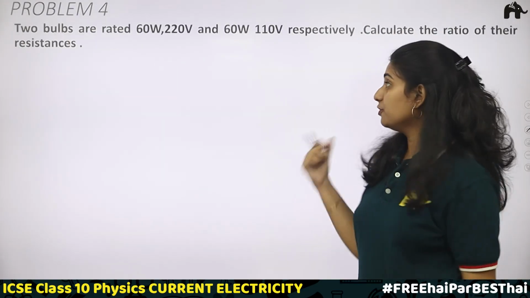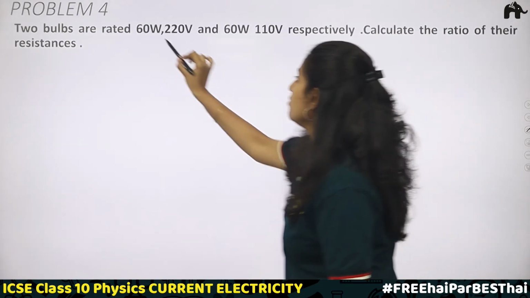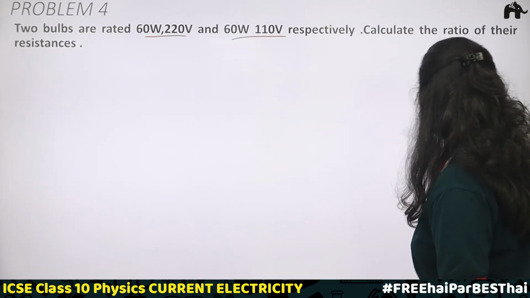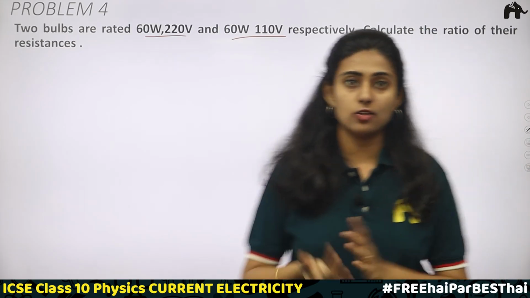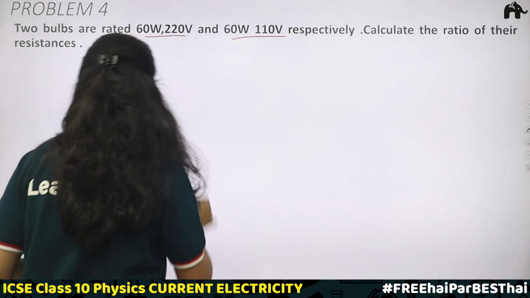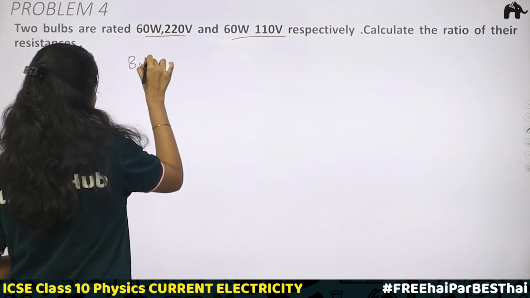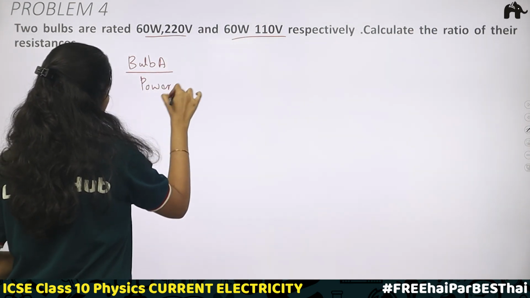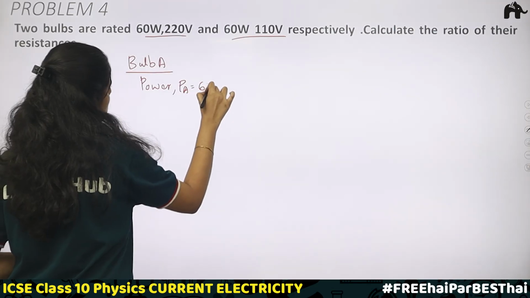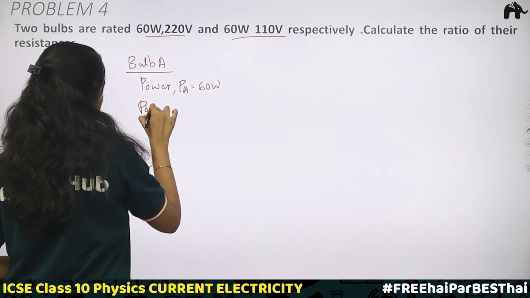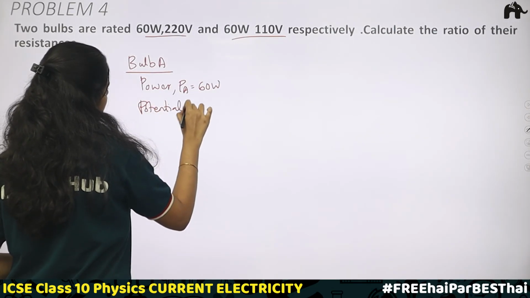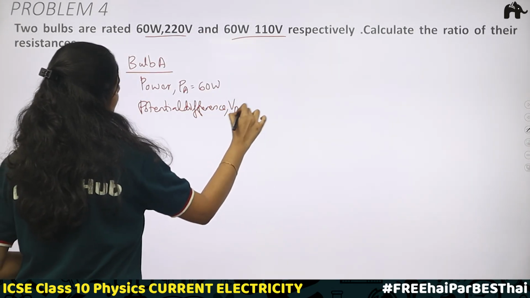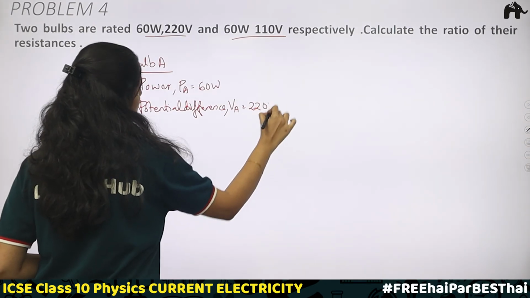Problem 4. Two bulbs are rated 60 watt 220 volt and 60 watt 110 volt respectively. Calculate the ratio of their resistances. First, let's take bulb A. In case of bulb A, power PA is equal to 60 watts and potential difference VA is equal to 220 volt.